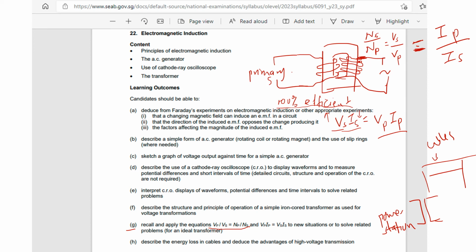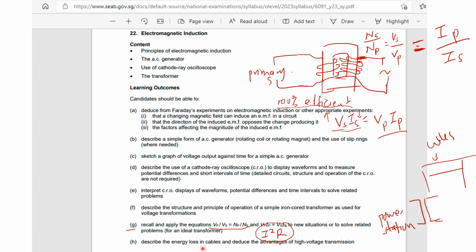Power loss in cables due to resistance is equal to I squared R. So the lower the value of I, the less power loss to heat due to resistance of the wire.